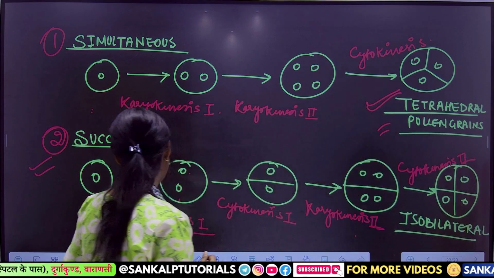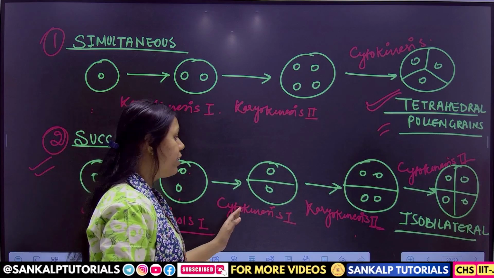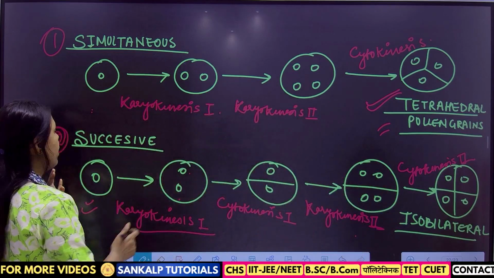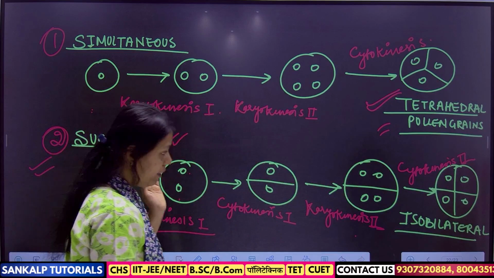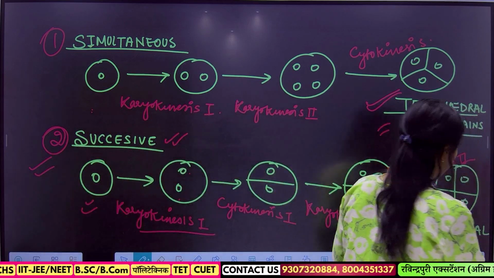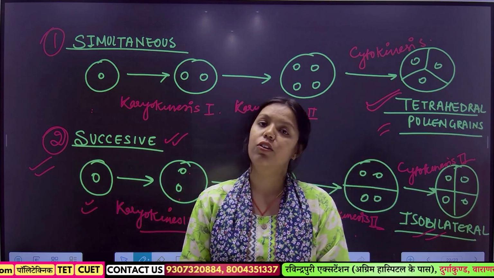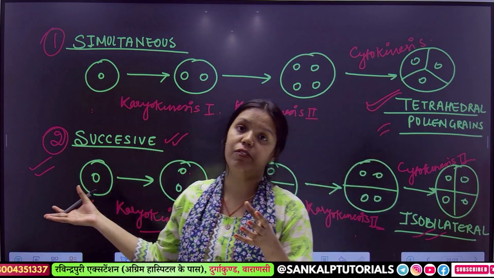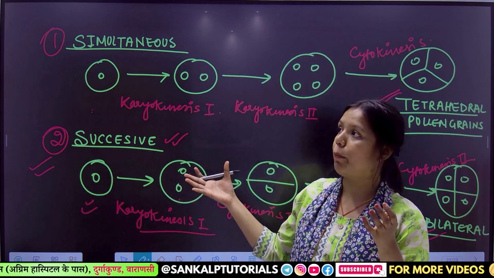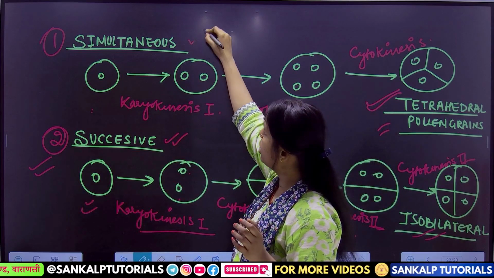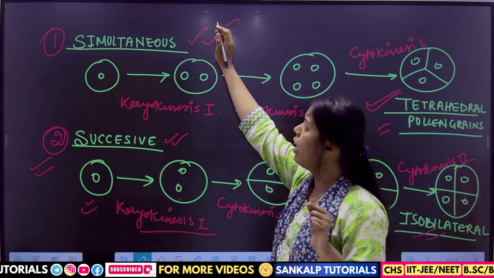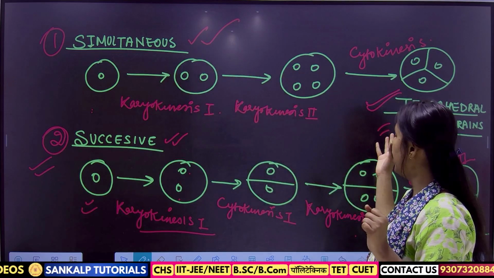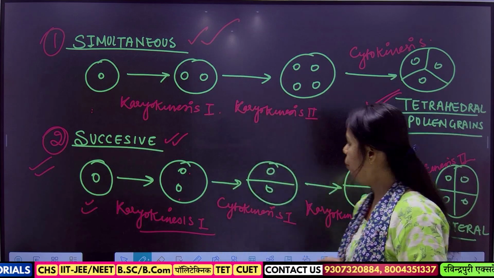So in this process, karyokinesis is followed by cytokinesis, then again karyokinesis and cytokinesis. This type is known as successive division, and in it isobilateral pollen grains are formed. These are the two major types of meiotic division in angiospermic plants: simultaneous division, giving rise to tetrahedral pollen grains, and successive division.